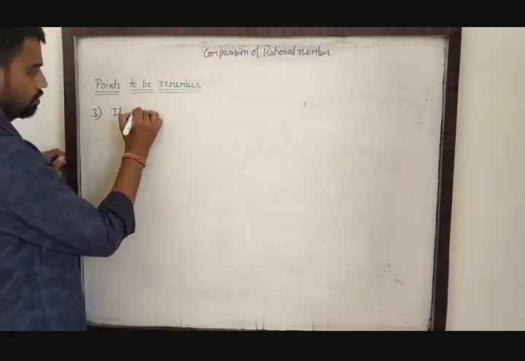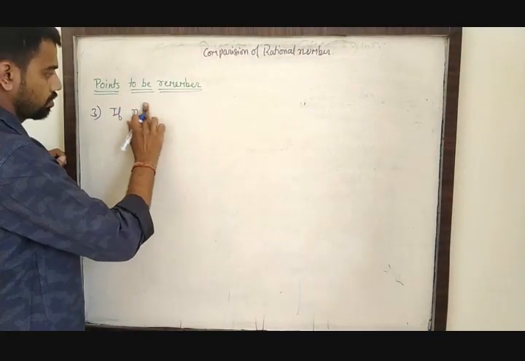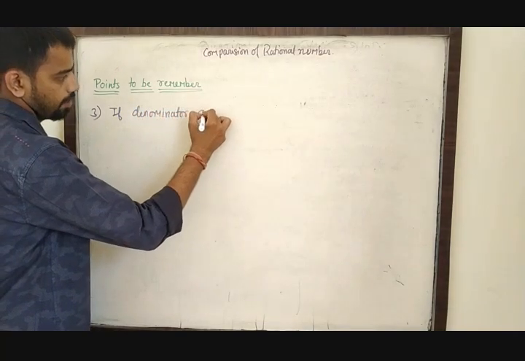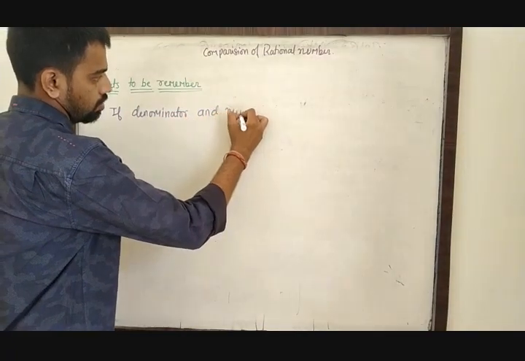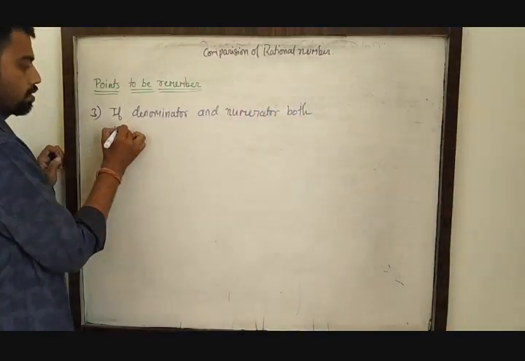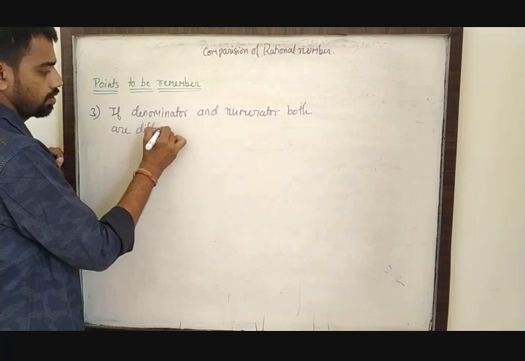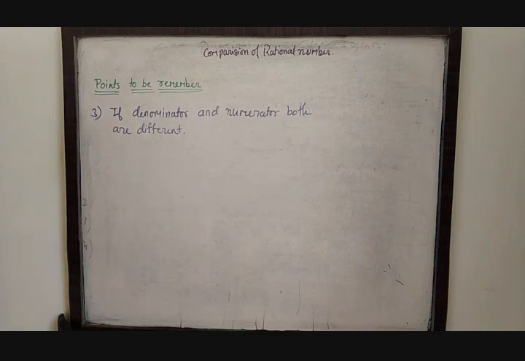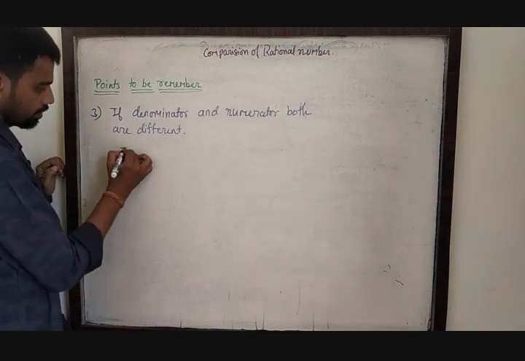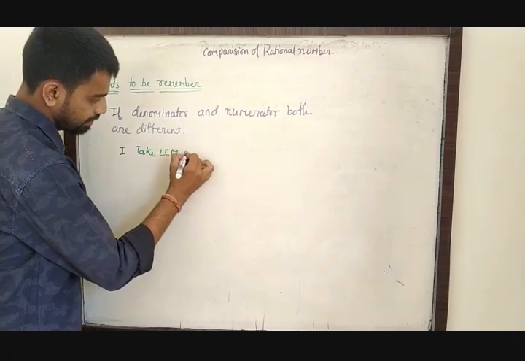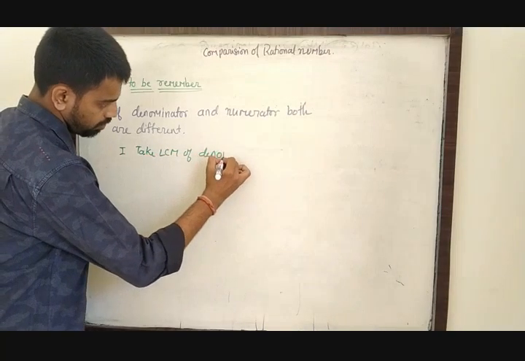If denominator and numerator both are different, in this case what exactly we have to do is: step 1, take LCM of denominators.